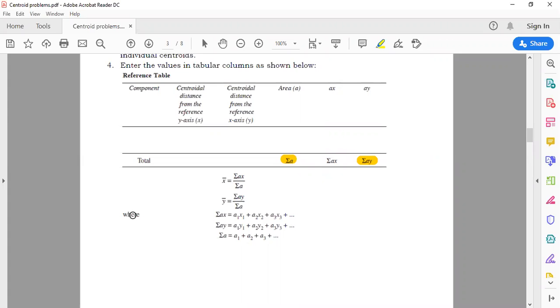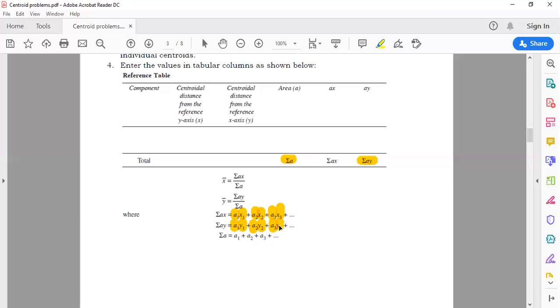Now, sigma Ax is A1 x1 plus A2 x2 plus A3 x3, meaning area of first geometric figure times x bar of first geometric figure, area of second geometric figure times x bar of second geometric figure, area of third geometric figure times x bar of third geometric figure. Similarly, sigma Ay is area of first geometric figure times y bar of first geometric figure, area of second times y bar of second, area of third times y bar of third.